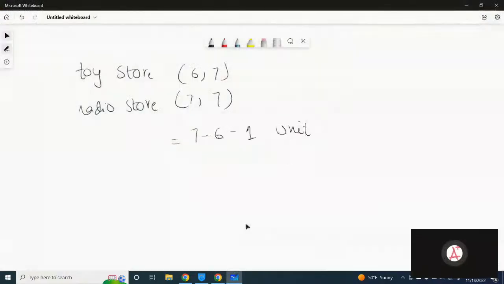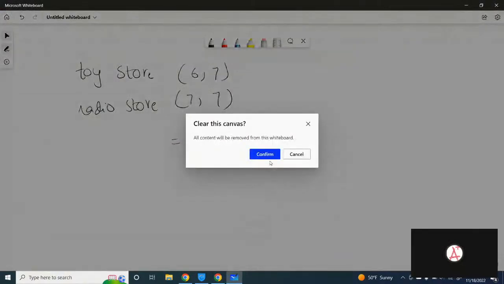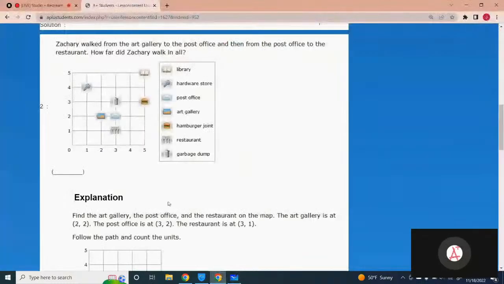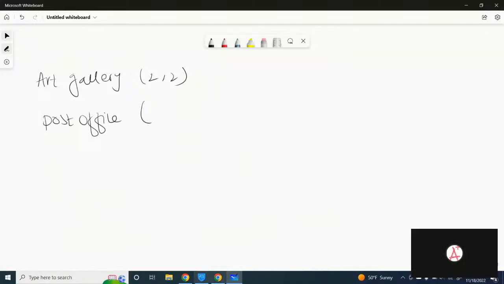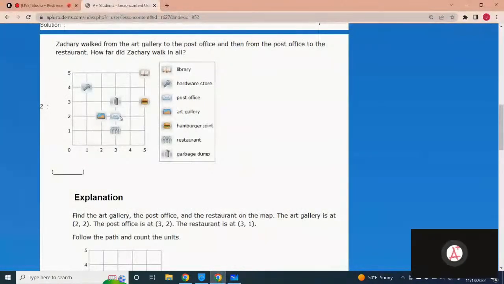You can write the coordinates. Let me write down the coordinates for all of them, then we can find the distance. Okay, the coordinates for the art gallery are 2 and 2. Both x and y values for the art gallery are 2, 2. Then the coordinates of the post office are, here is the post office, the x value is 3 and the y value is 2.